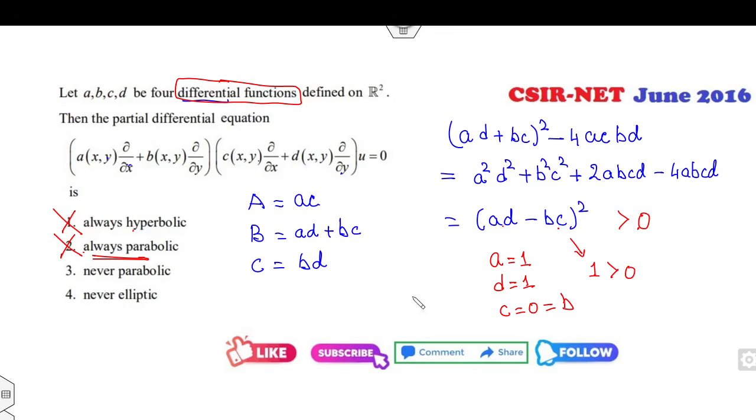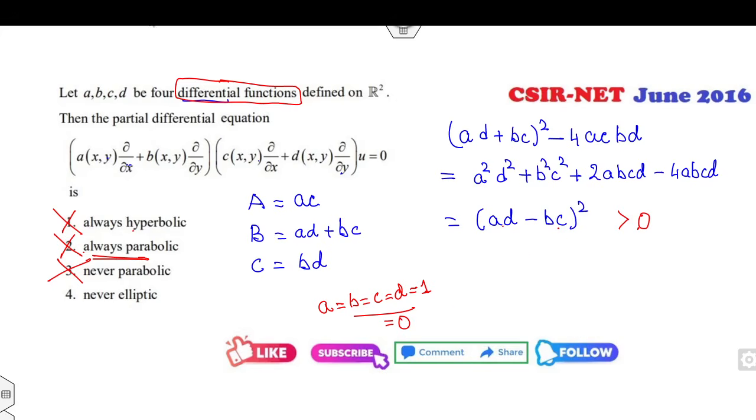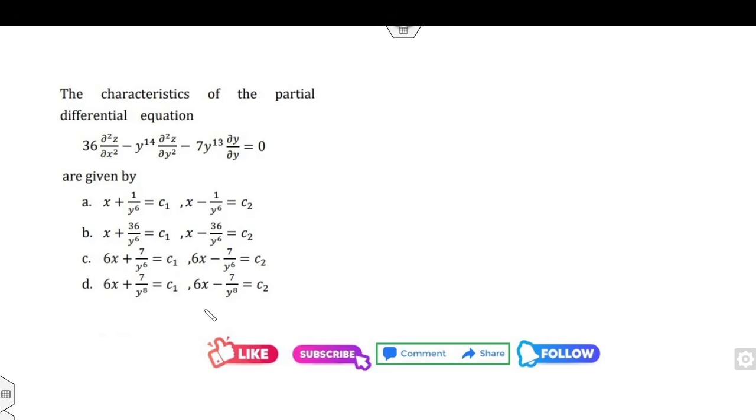Never parabolic, that's wrong, because if you choose all the values as 1, then it is 0, which is parabolic. So never parabolic, cancel. And never elliptical, that's the correct option. Why? Because you know this quantity is a square, which can never be less than 0. So that means it is never elliptical. So D is my correct answer.